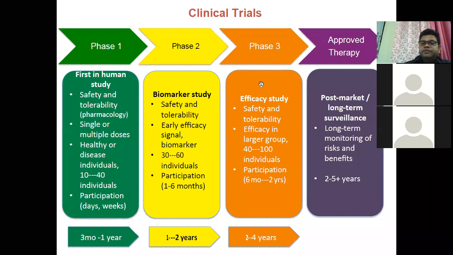In the third phase, the efficacy study, we look at safety and tolerance and always take efficacy in a larger group, now 40 to 100 individuals, with participation of 2 to 4 years. This is phase 3. Then comes approved therapy.